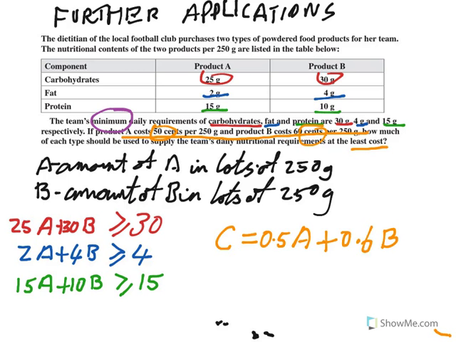So there's our objective function, which in this case we're looking for the minimum, because we want the minimum cost.